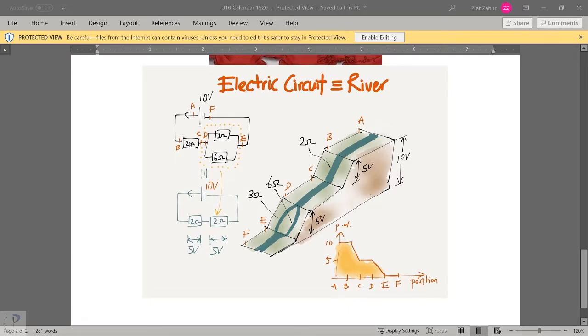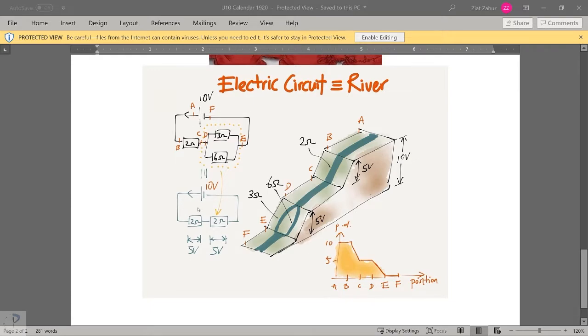We have a resistor here of 2 ohms, and then there's a fork in the road, and it splits up into 2 pathways. Some of the current will go through the 3 ohm resistor, and some will go through the 6 ohm resistor. And then eventually the 2 individual streams will recombine and go back to the bottom of the battery.